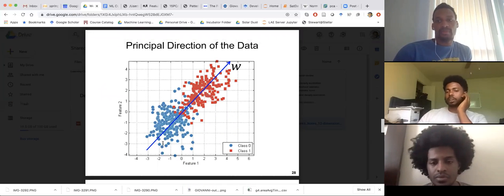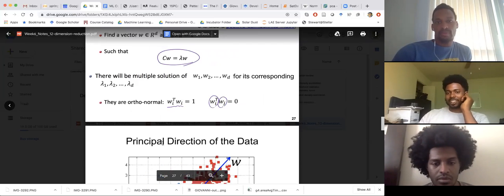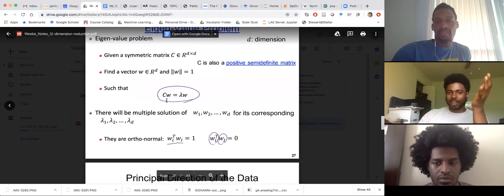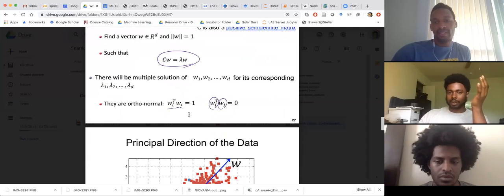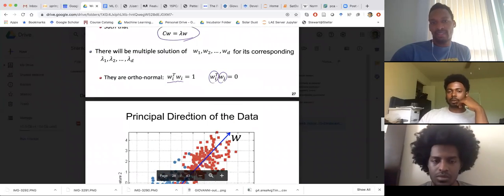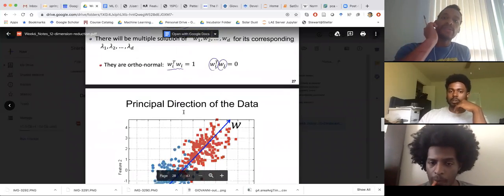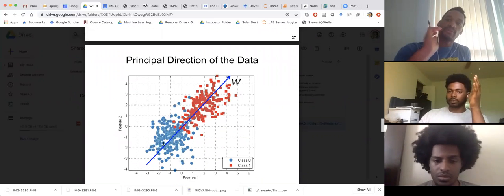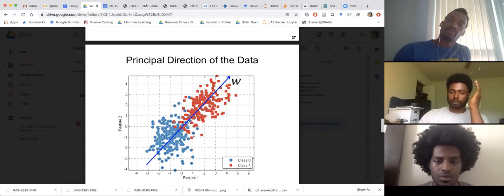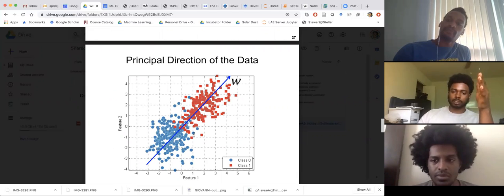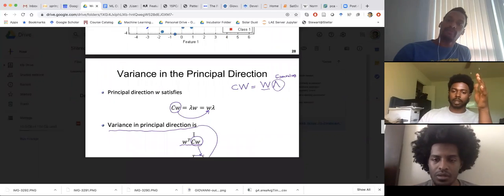So we haven't done the algorithm yet, right? But this gives us a way to determine our unit vector w such that we've maximized the variance and minimized the error.